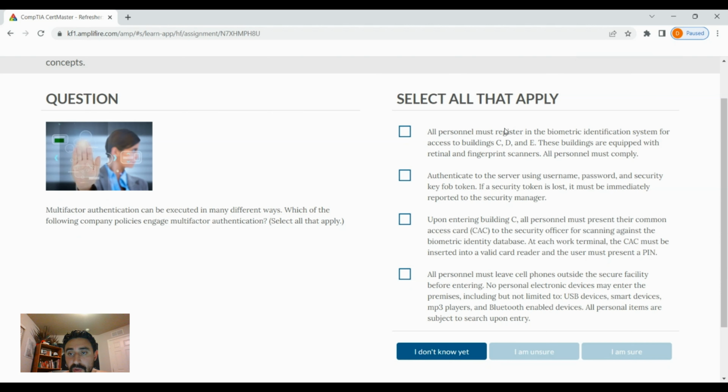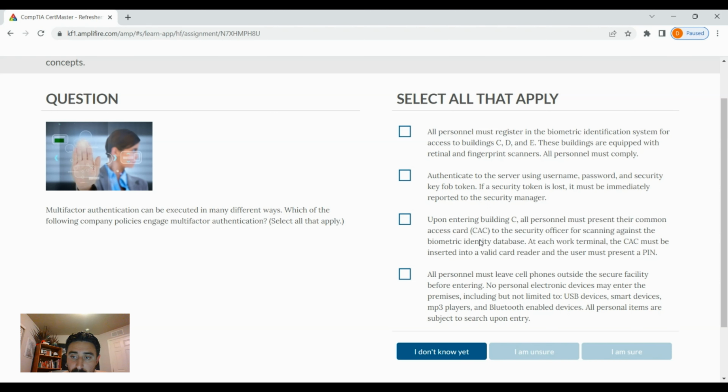All personnel must register in a biometric identification system for accessing buildings C, D, and E. These buildings are equipped with retinal and fingerprint scanners. All personnel must authenticate to the server using username, password, and security key fob token. If a security token is lost, it must be immediately reported to the security manager.